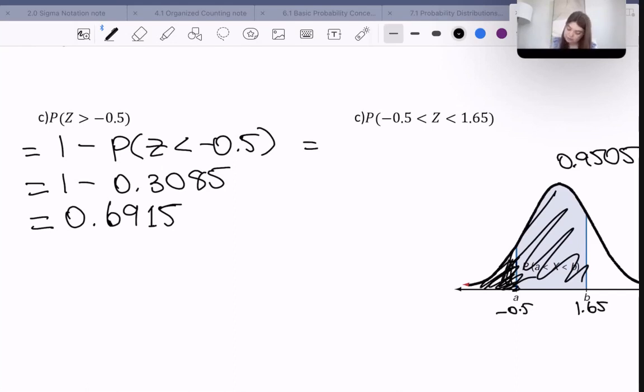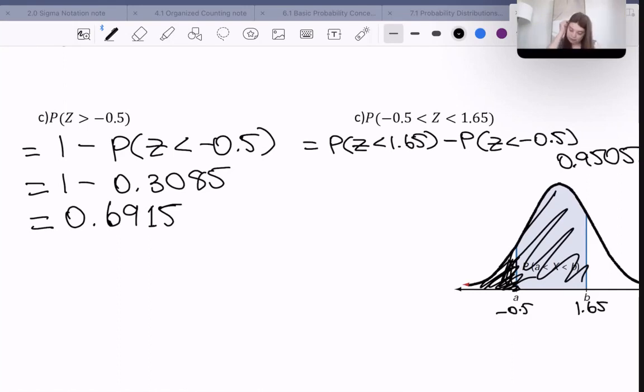So this basically is going to be the probability that z is less than 1.65 minus the probability that z is less than negative 0.5, right?